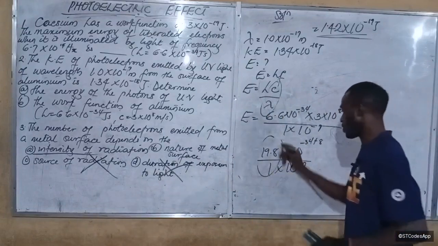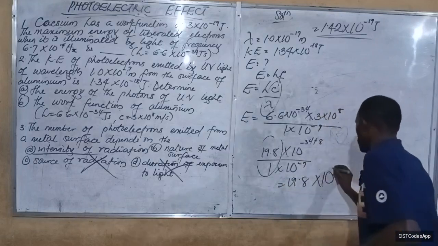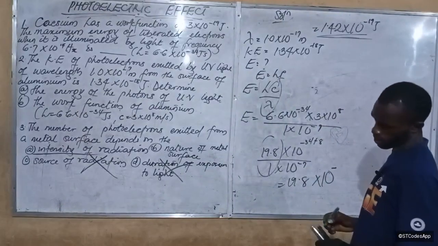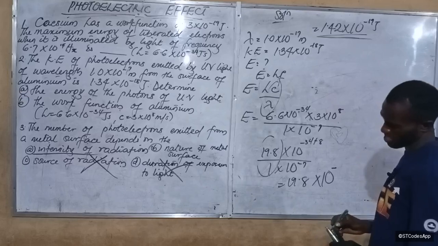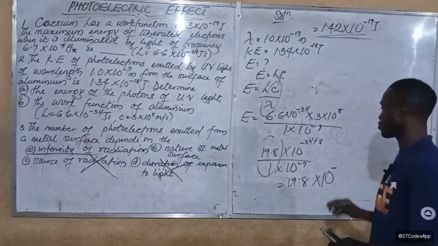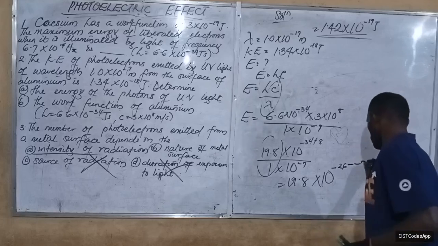So this becomes 19.8 times 10 to the power minus 34 plus 8, which is minus 26, over 10 to the power minus 7.